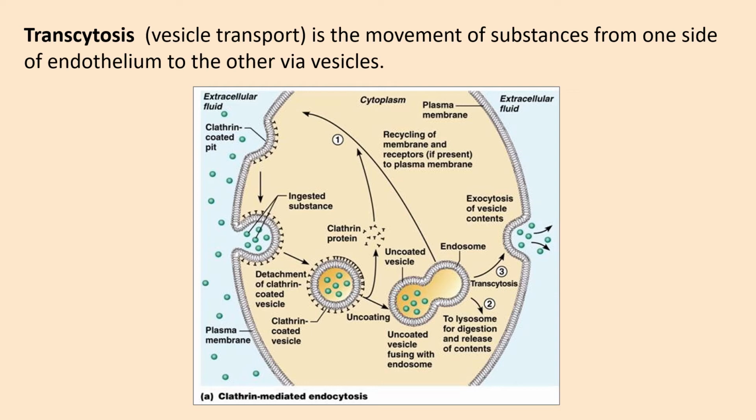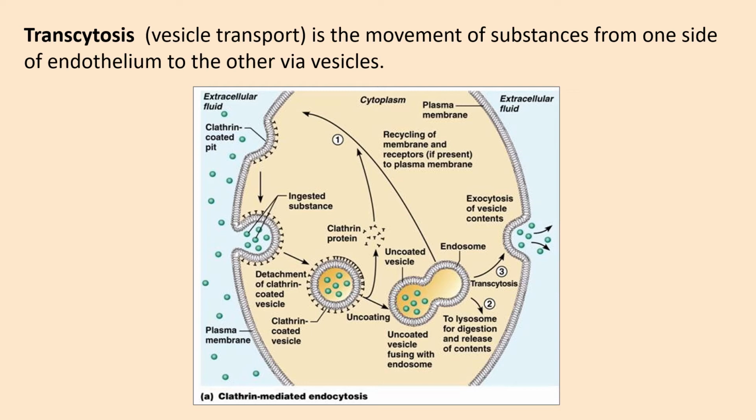How do they cross the capillary wall? Well, this endothelial cell transports those insulin molecules across it, transcytosis. So on the blood side of that cell surface, endocytosis occurs. Insulin molecules enter the cell as a vesicle forms around it. That's endocytosis.